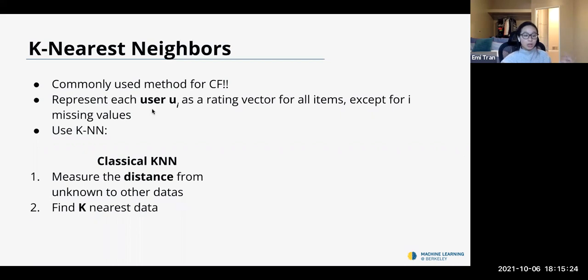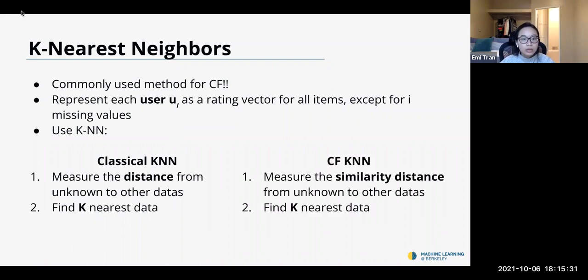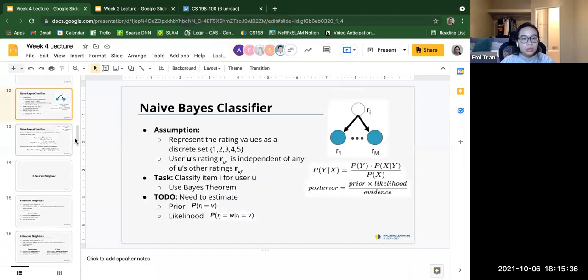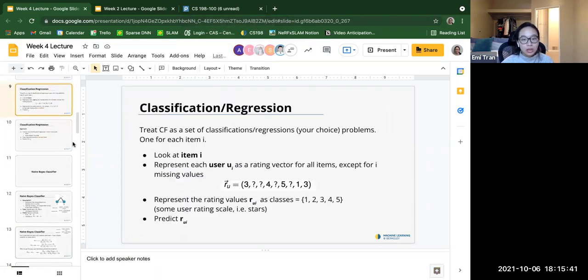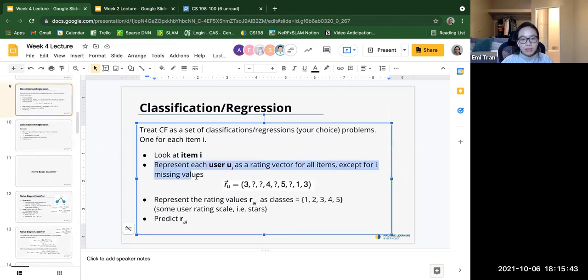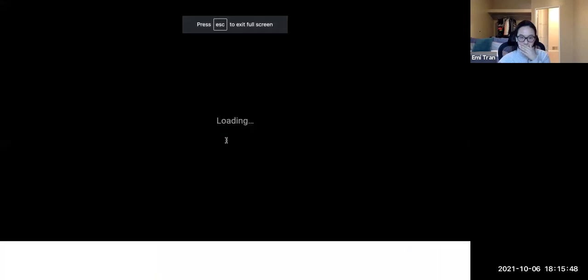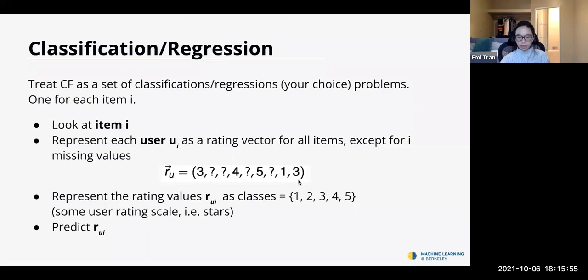Represent each user U with a rating vector R. It could be complete or it can be sparse, incomplete.